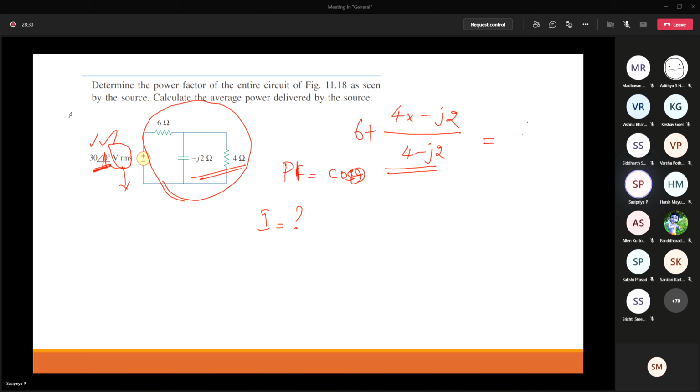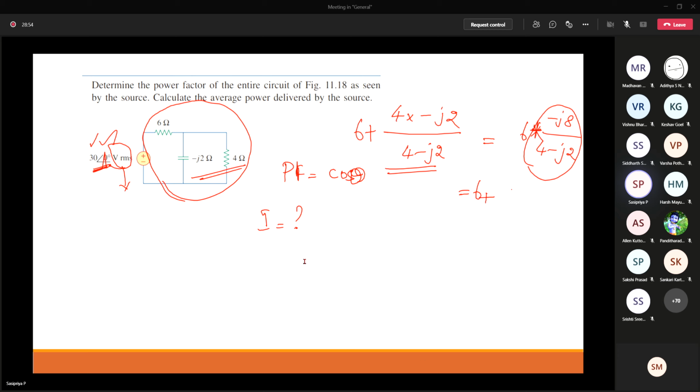Easily I can write 6 into minus J8 divided by 4 minus J2. Here I can convert this into polar form, because multiplication and division is easy in polar form. I hope you all can do this.